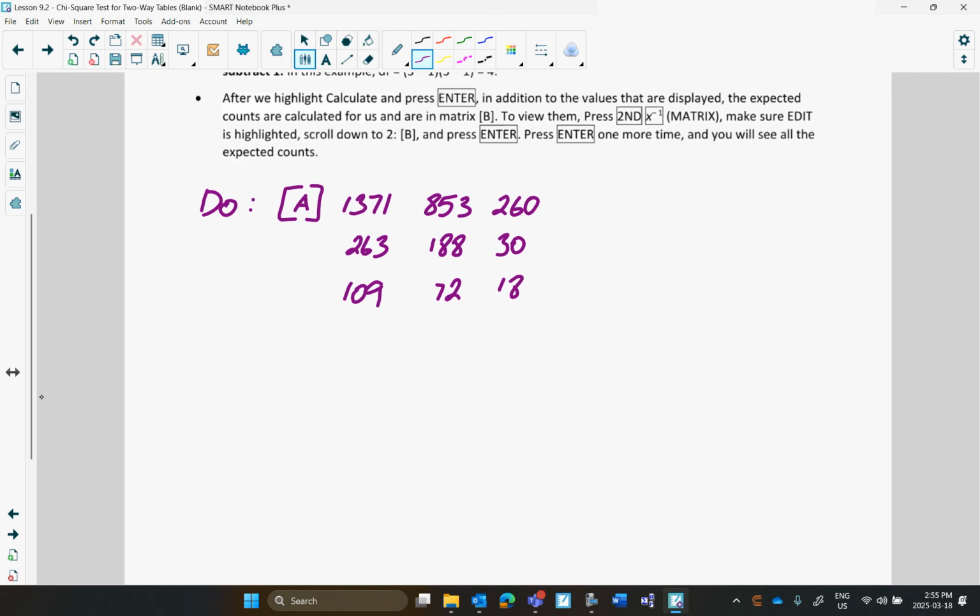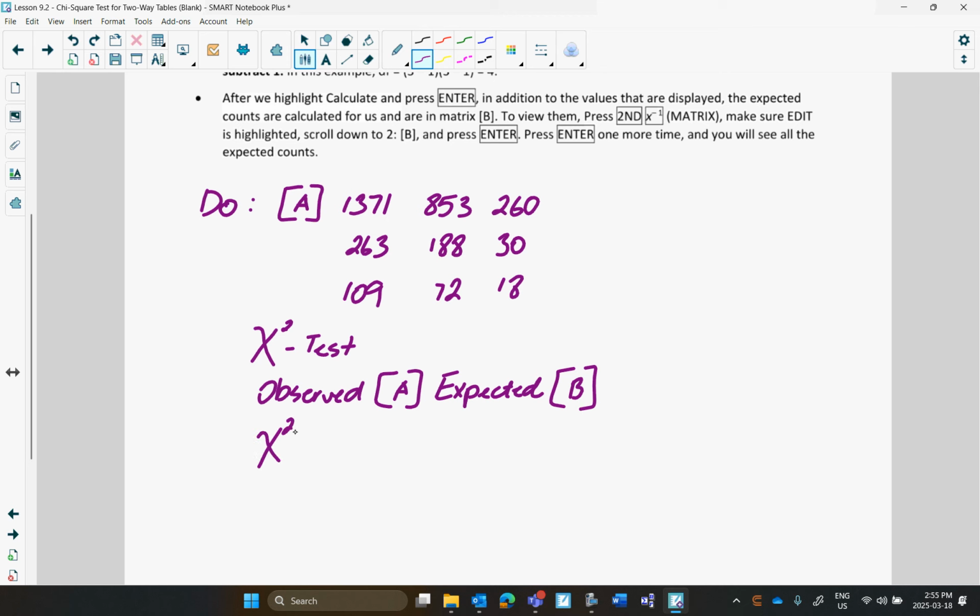And then we did a chi-squared test where the observed was matrix A. Expected was matrix B, which was calculated for us. We calculated it longhand, but the graphing calculator did it for us. You can get the chi-square, but we're focusing on the p-value because that's what we use to make our conclusion. Our p-value, if I round it, is approximately 0.038.